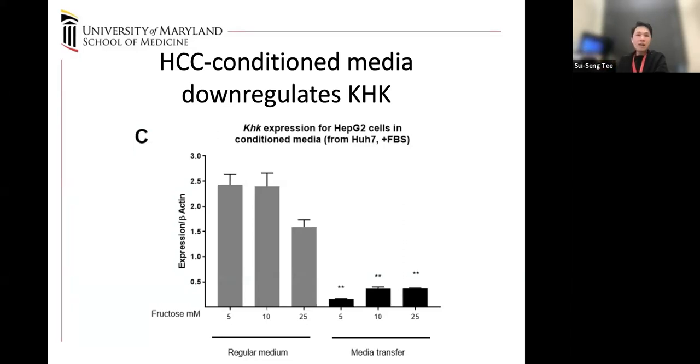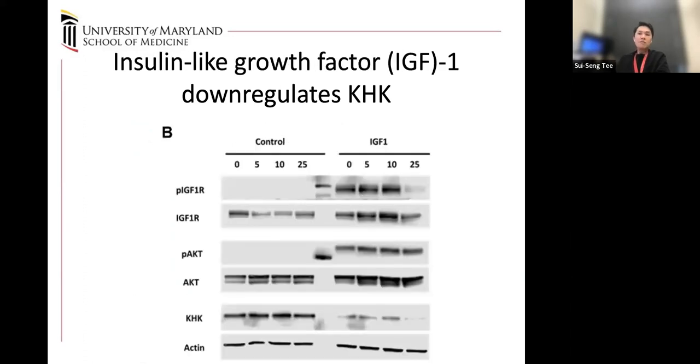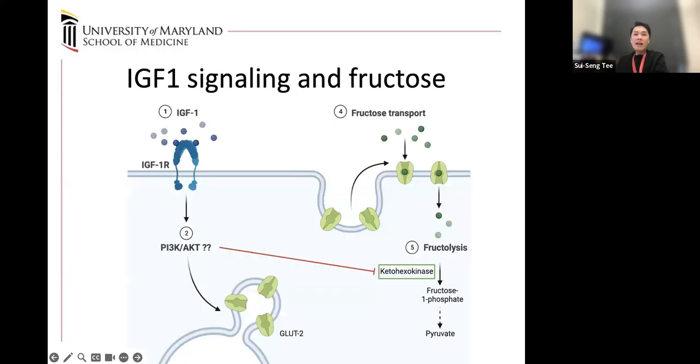KHK expression. After a bit of searching, we found that insulin-like growth factor, IGF-1, appears to be a growth factor that, when treated, downregulates KHK expression. This is something that we're actively investigating right now, where we think IGF binding to its receptor, IGF-1R, signals through PI3 kinase AKT to suppress KHK expression.